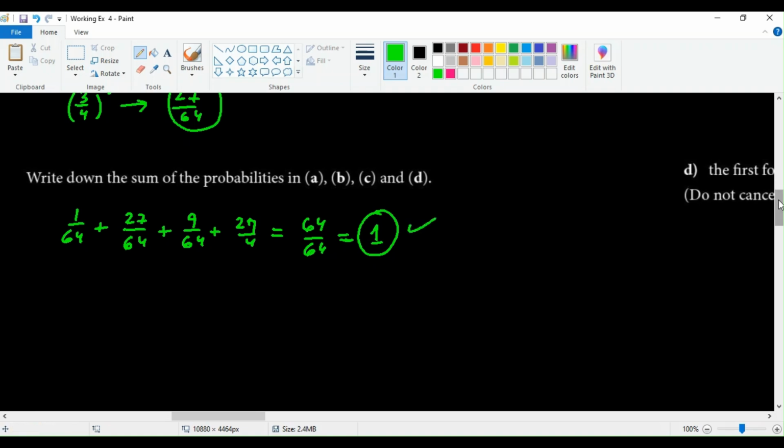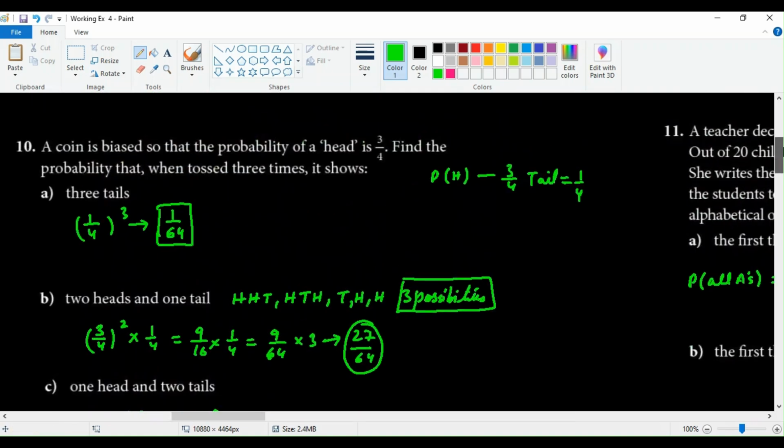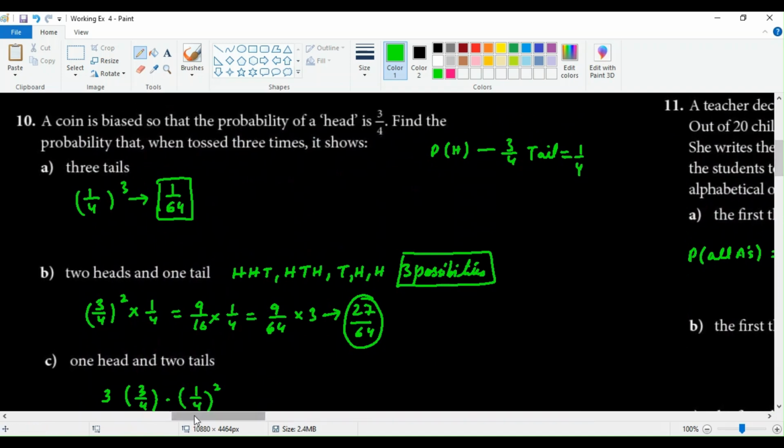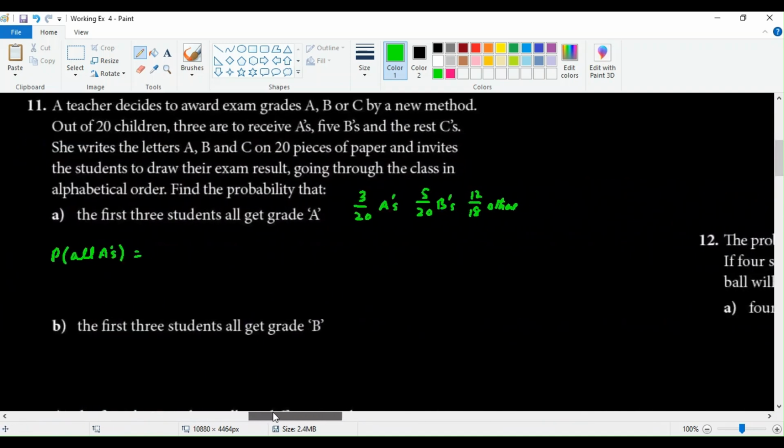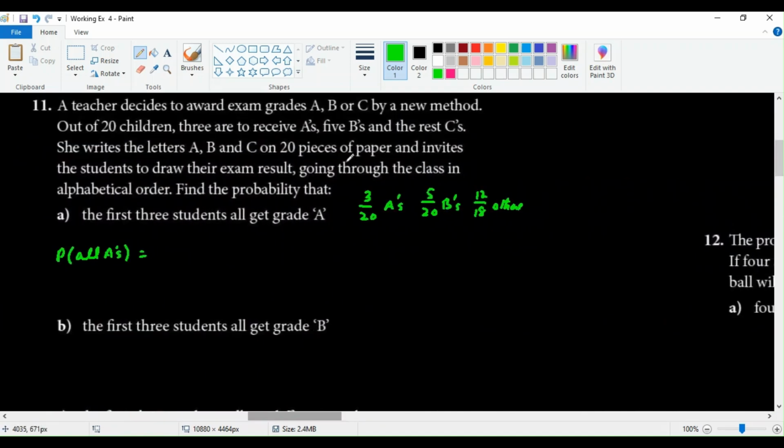Now comes the next question. In question number 11, this can be tricky. So for this one, you should be very careful while solving this. We know very well that for all the possibilities of getting A, the first possibility is 3 over 20.